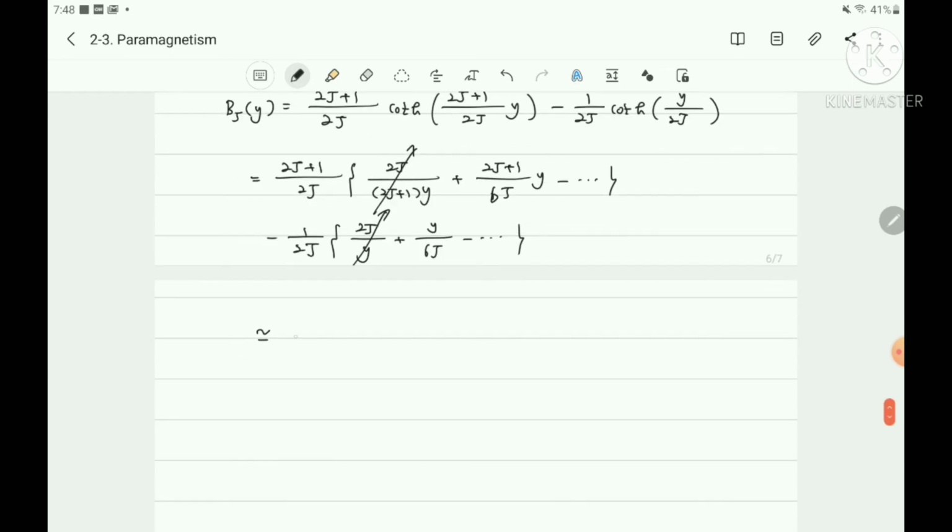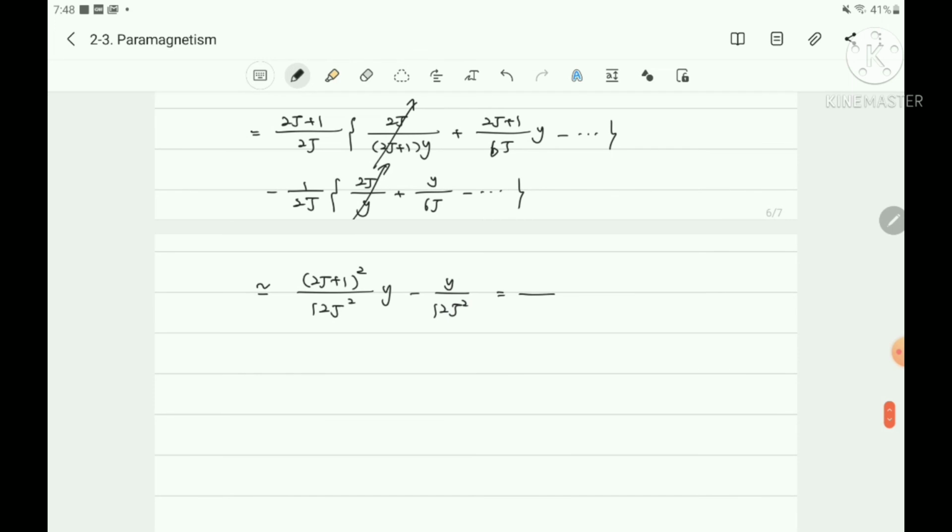Therefore, it is (2J plus 1) squared over 12J squared y minus y over 12J squared.